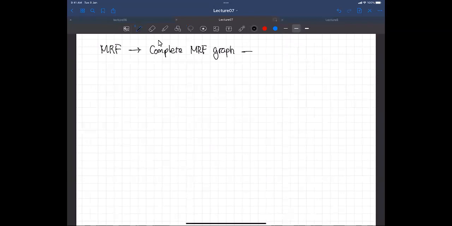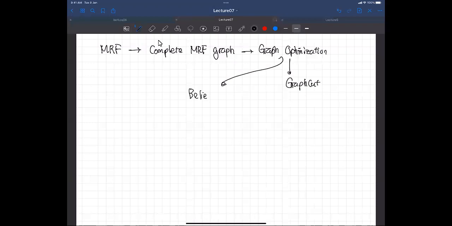And then you do the optimization, or graph optimization. For this graph optimization, we solve it using graph cuts. And another way to solve this is using belief propagation.